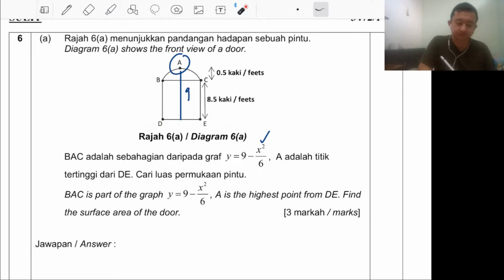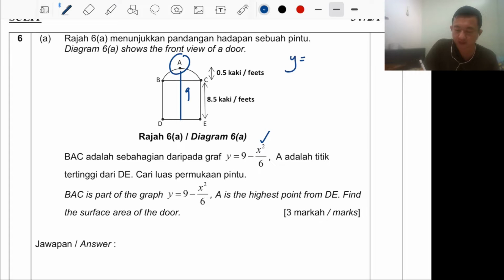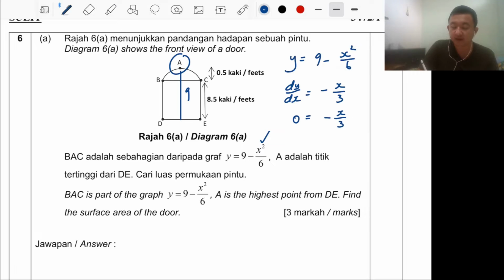How do I check? So I will differentiate. y equals 9 minus x squared over 6. When I differentiate it, I have negative x over 3, and I let the gradient be 0. When the gradient is 0, x is 0.